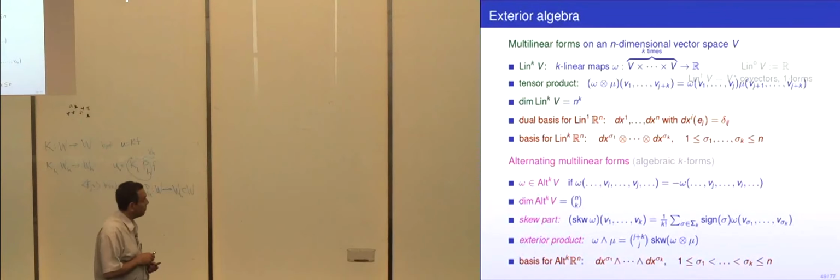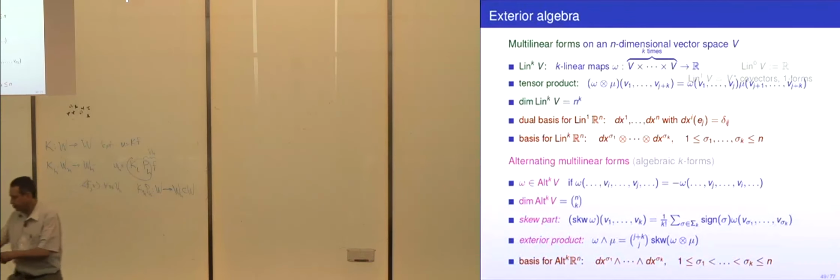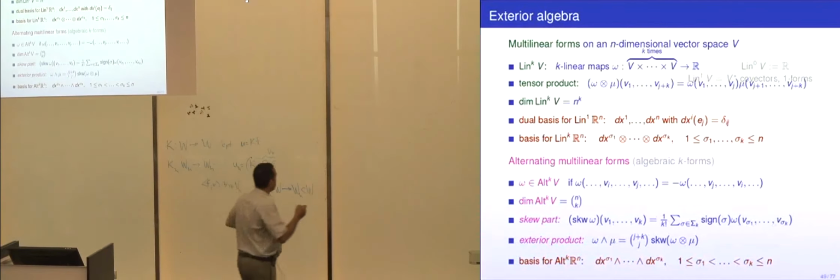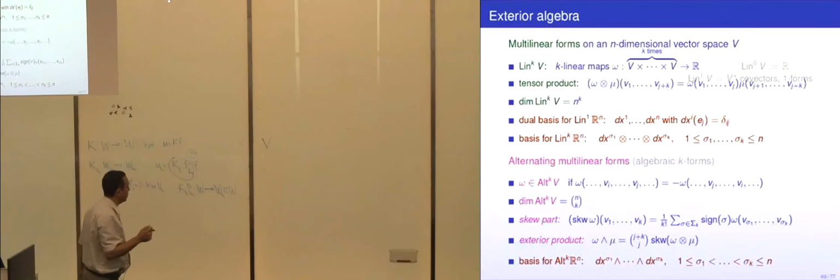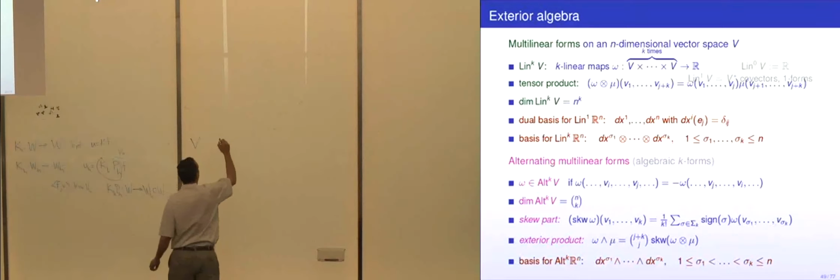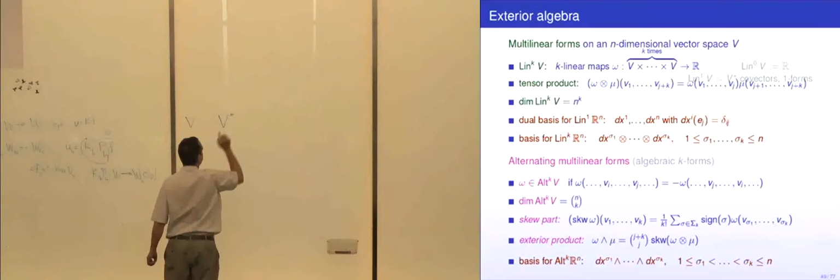So I'm going to start really simple. If we have a vector space, all it is is a finite dimensional vector space. Then we already know one part of exterior algebra. We know the dual space.